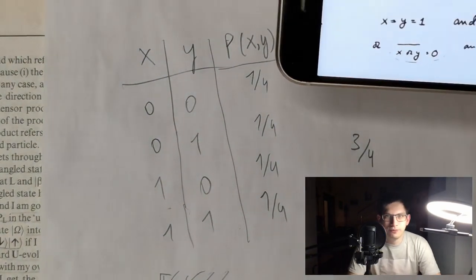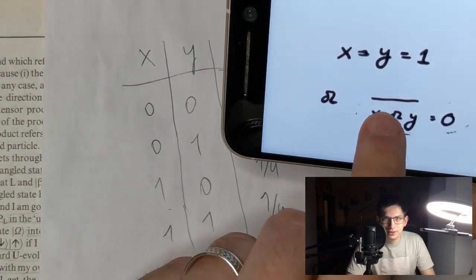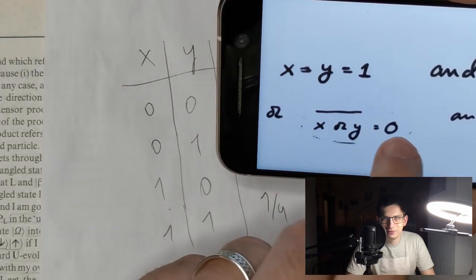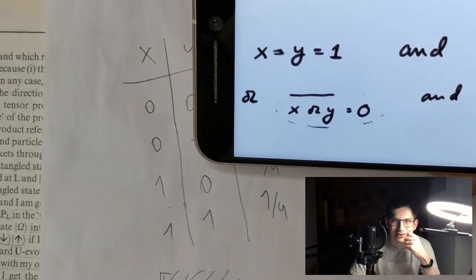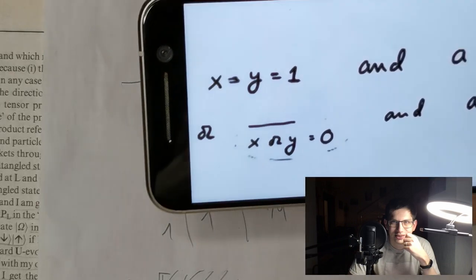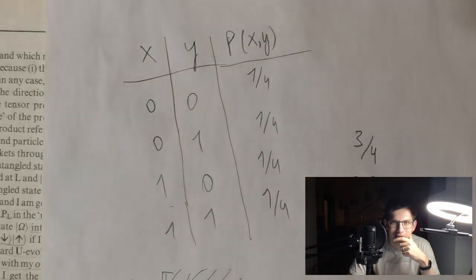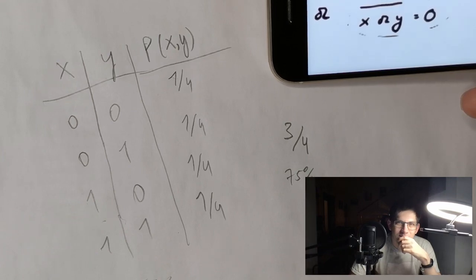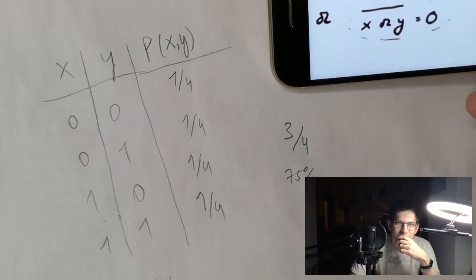So you have 4 cases, and here you have x or y equals 0, like 3 cases. Right. So that gives us our 75% probability. Yeah. But I'm confused as to where A and B come in here, because we're already at 75% when we're only considering the cases for x and y.